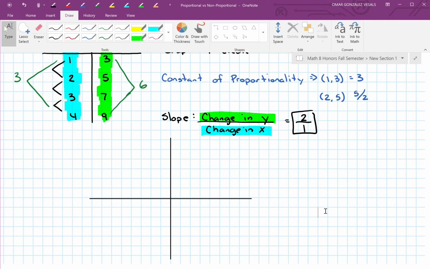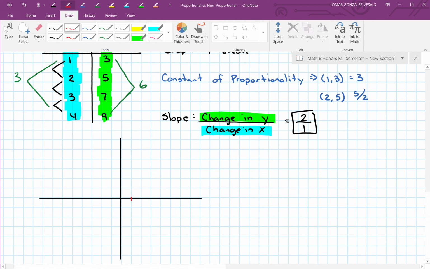Okay, so with this one right here, there's a couple ways to do it. There's a way to do it by graphing, and there's a way to do it algebraically. I'm going to show you guys both ways. Okay, so graphically, I'm going to just plot my points. So my first point is over 1, and up how much? Up 3. The next point is over 2 and up what? 5.